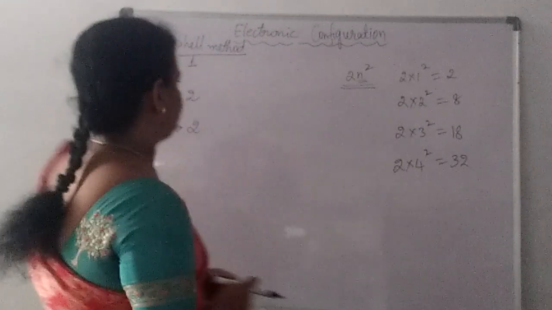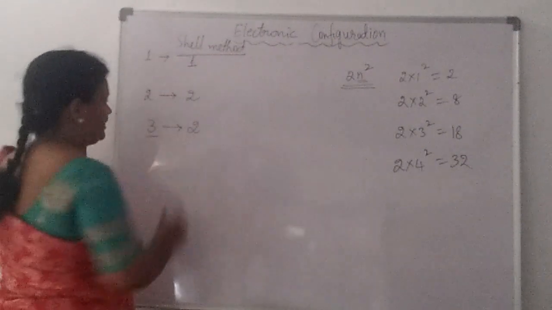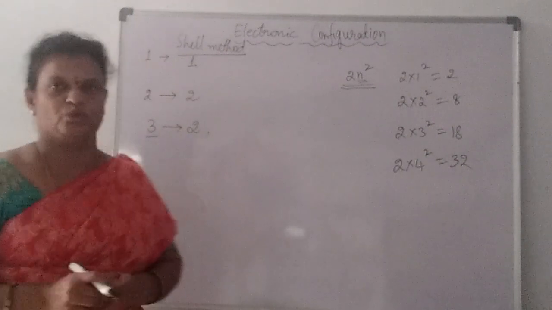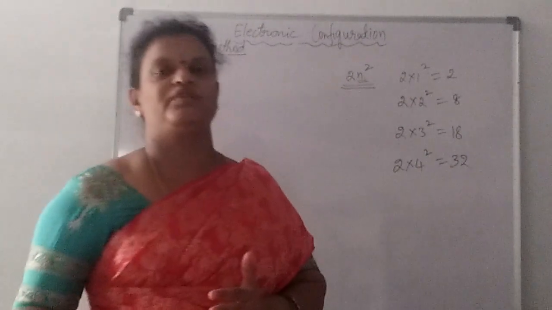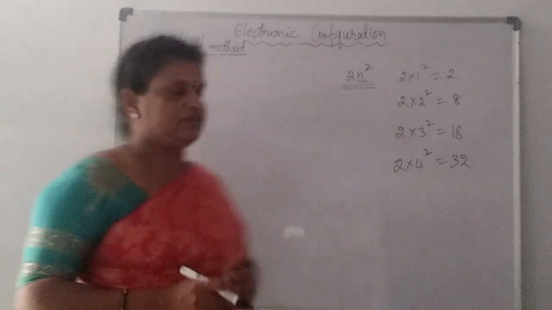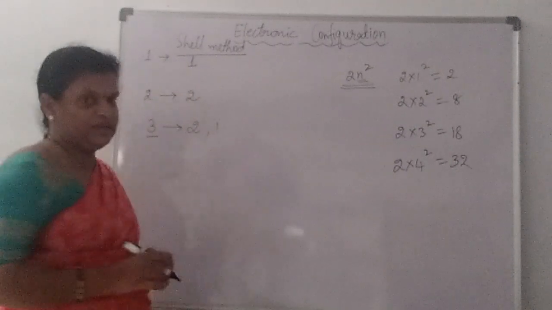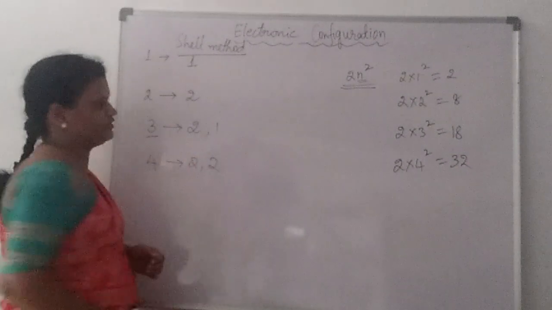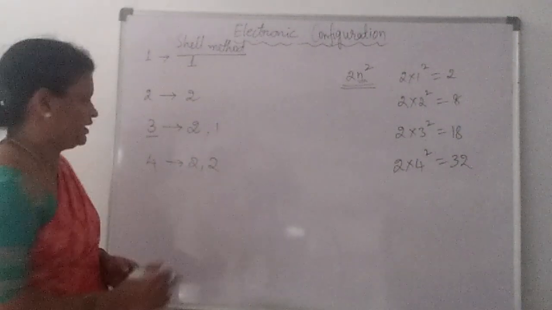Right. So, coming to the element with atomic number 3, what do we have to do? The first shell can accommodate a maximum of only 2. Then the next electron will enter the second shell. So here we'll write 2, 1. If the atomic number is 4, we write 2, 2, because the second shell can hold up to a maximum of 8 electrons.